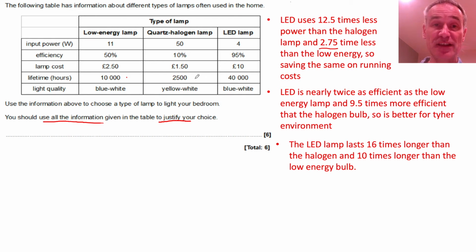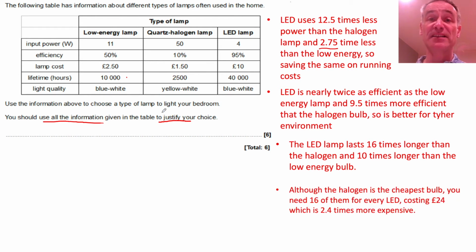Now the next thing is the cost. And if you've spotted this, this will be very high marks. Now, although the halogen is by far the cheapest bulb, remember you would need 16 of them for every LED. So actually 16 times 1.5 gives you £24.